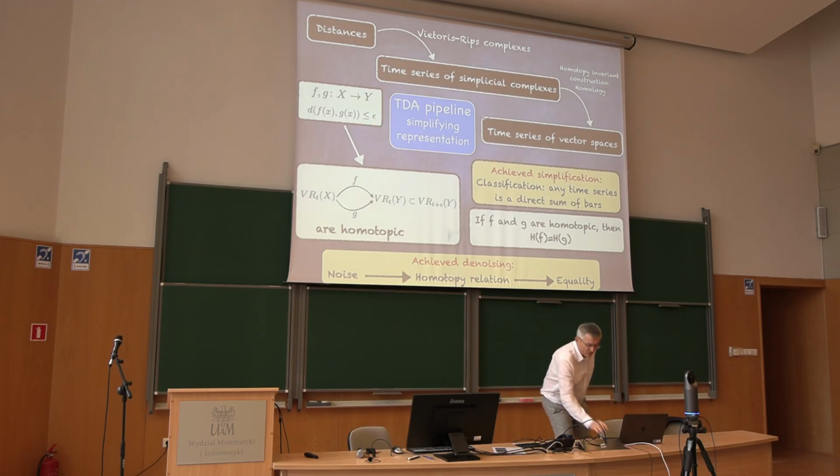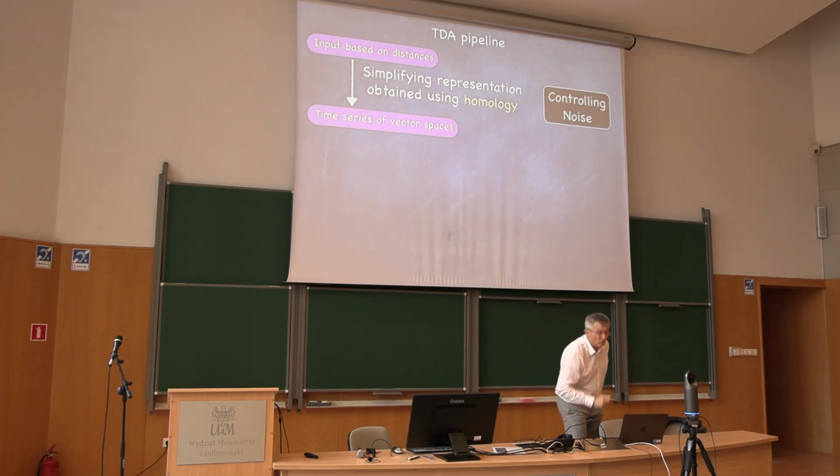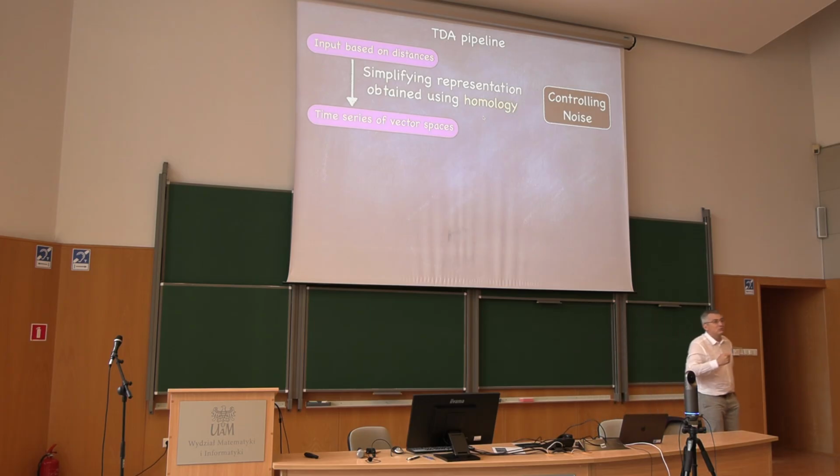All right, so in this first step of the pipeline, what homology buys you is a certain control of noise. It buys you some very exotic and unusual denoising properties, something that is very hard to come up with using anything else.